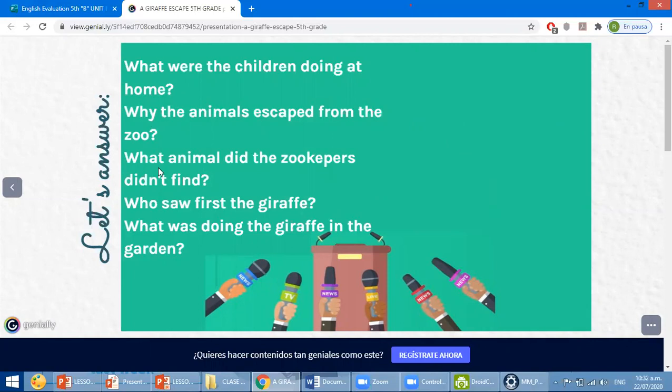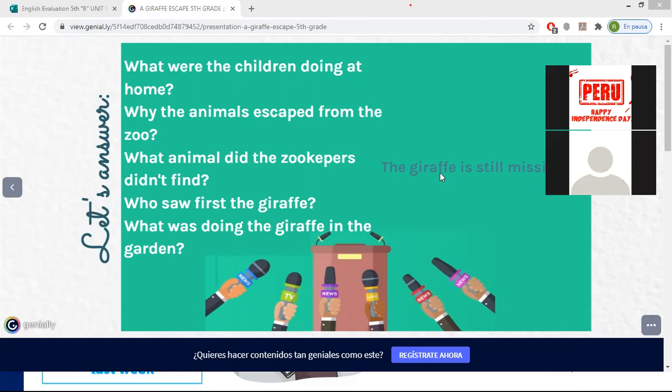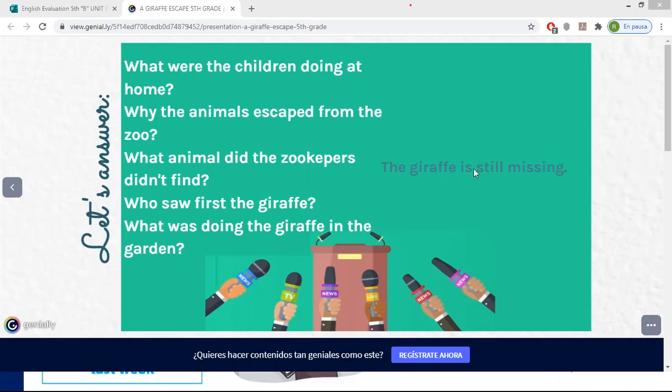Now, next. What animal did the zookeepers not find? Diana, please tell me what animal they are looking for. A giraffe. Very good. The zookeepers caught the crocodiles, the zebras, the lions, the rhinos. They caught all the animals, but the giraffe is still missing.